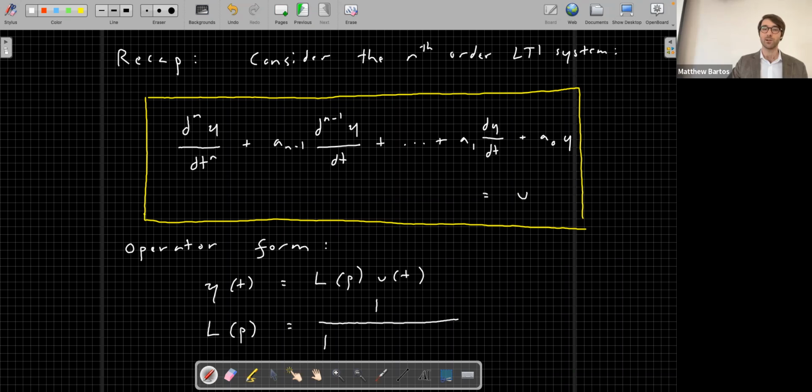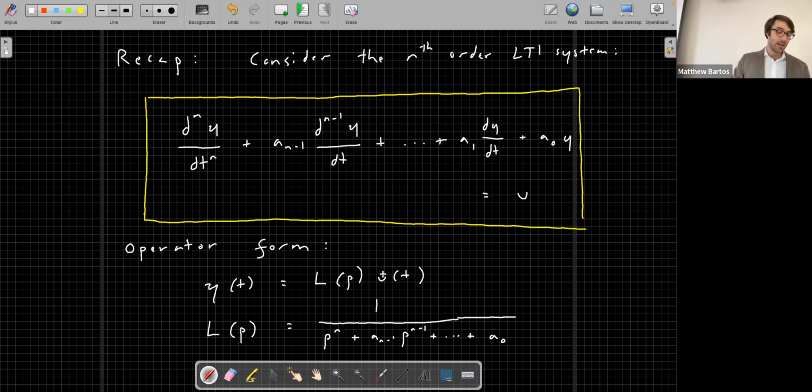Let's write it as 1 over p to the n plus a n minus 1 p to the n minus 1 plus ... So this is just the characteristic polynomial of this LTI system here, all the way to a naught. Okay, so these are two alternative ways that we can express our generic nth order LTI system, or generic nth order linear time invariant system.